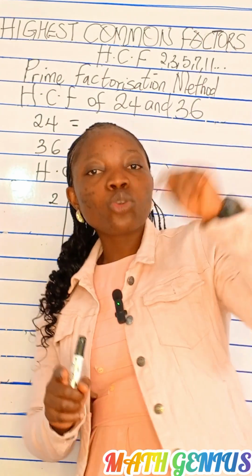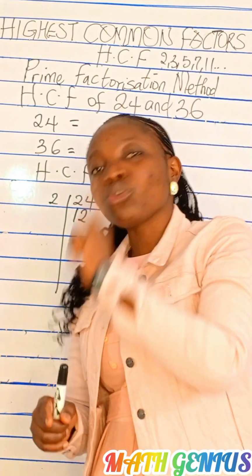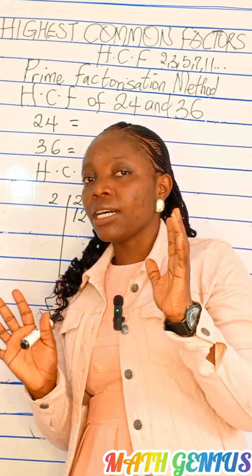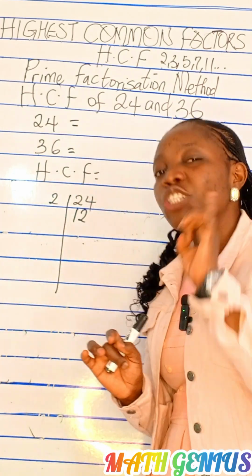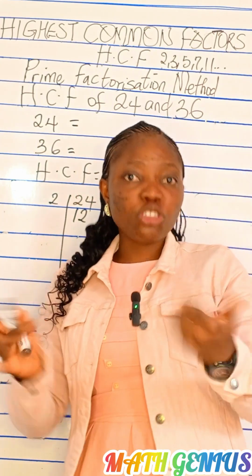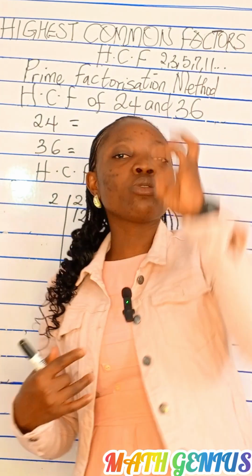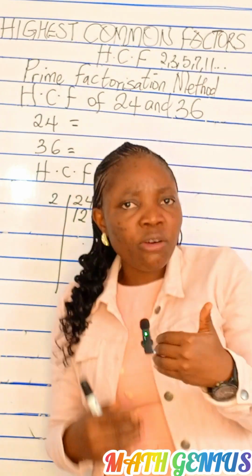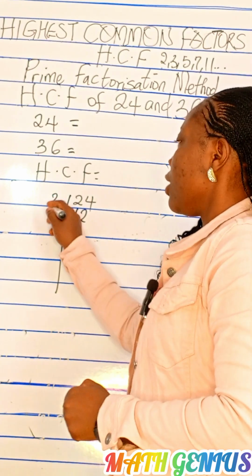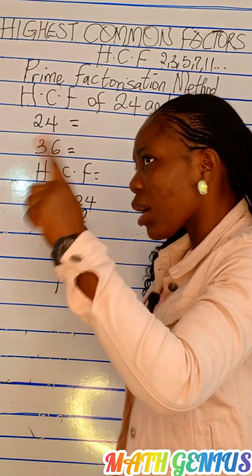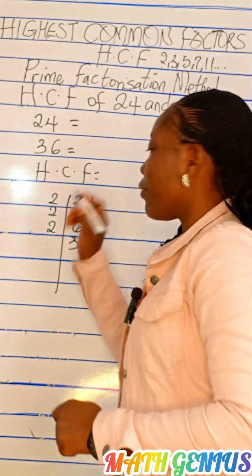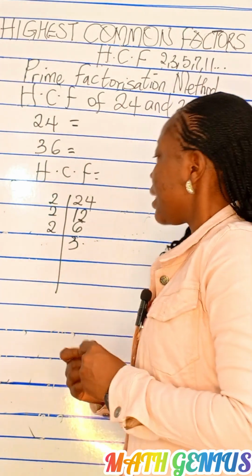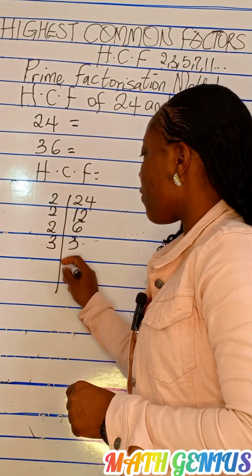What I mean is that 2 is a prime number that can divide 24 without leaving any remainder. So I could use 2 to divide 24, and it gives me 12. Of course, 2 can still go into 12 without leaving a remainder, so I can use it again. 12 divided by 2 is 6. 2 can still go, and that will give me 3. All right, so now 3 can go, and that will give me 1.